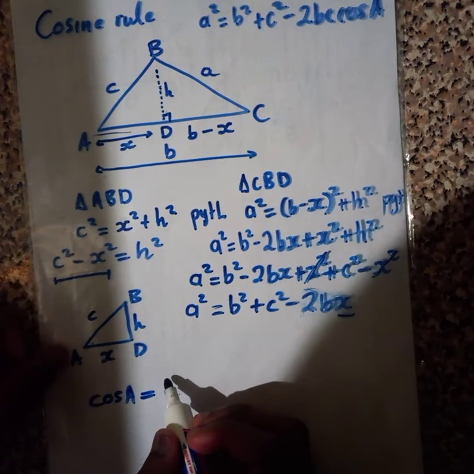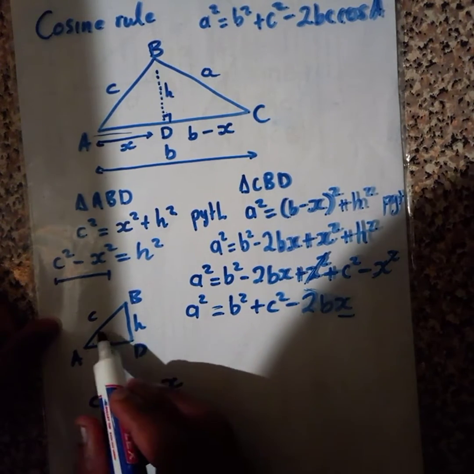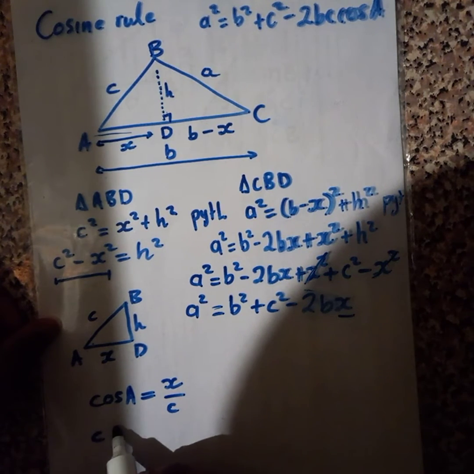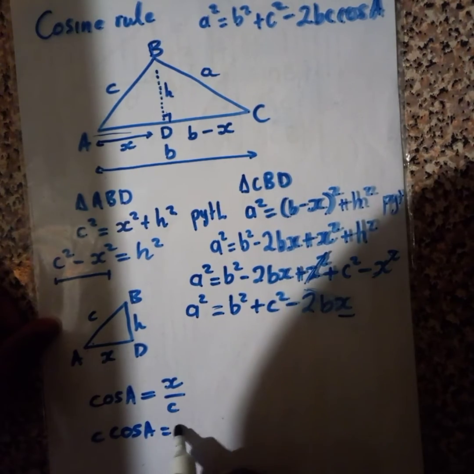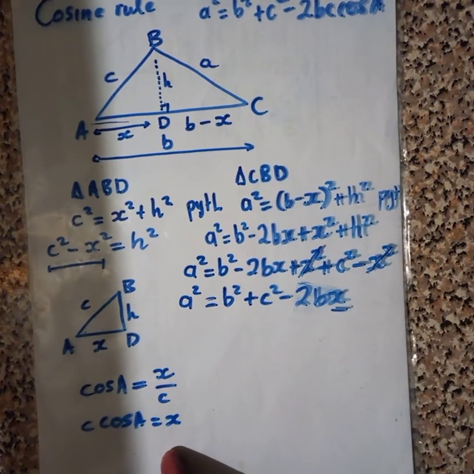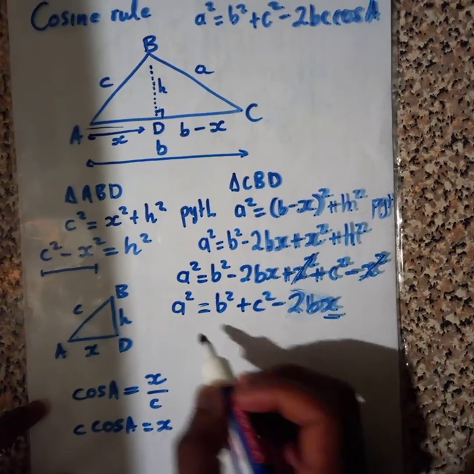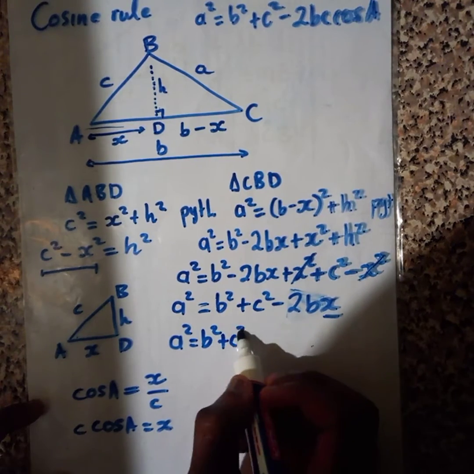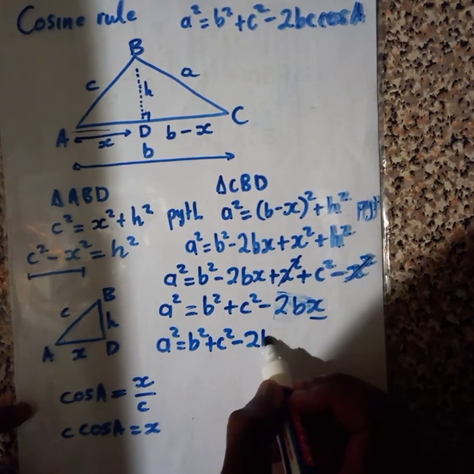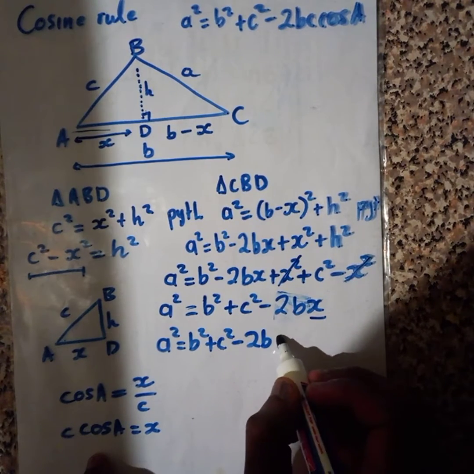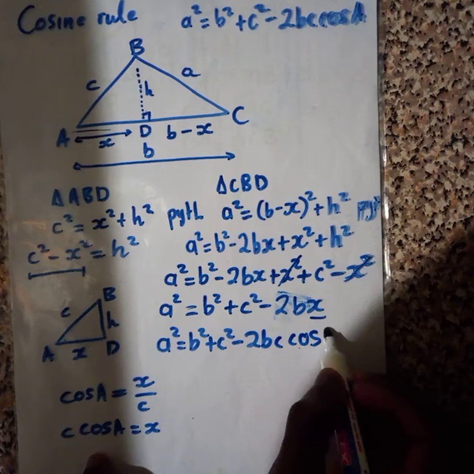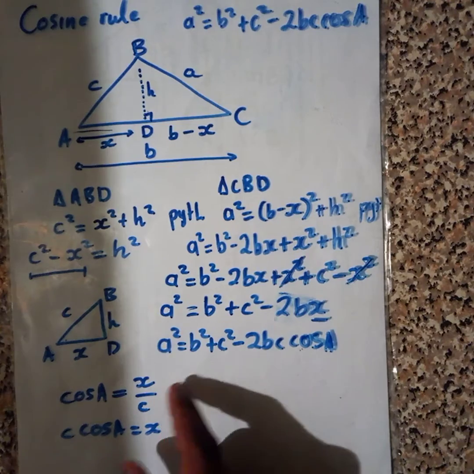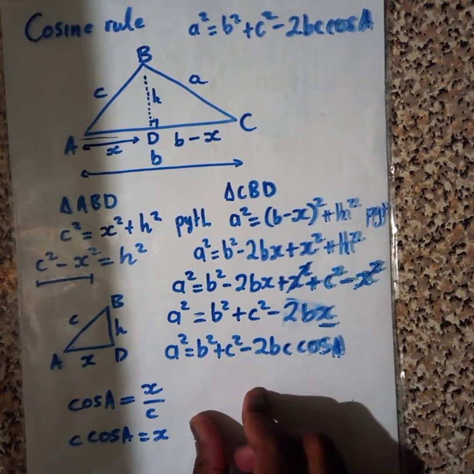The cos of A is going to be our adjacent, which is x, over our hypotenuse, which is c. When you cross multiply, x is going to be c cos A. Then where you see x, you substitute. This is going to be a squared equals b squared plus c squared minus 2b, then where you see x it's going to be c cos A. Then this is our formula to calculate what? The cosine rule.